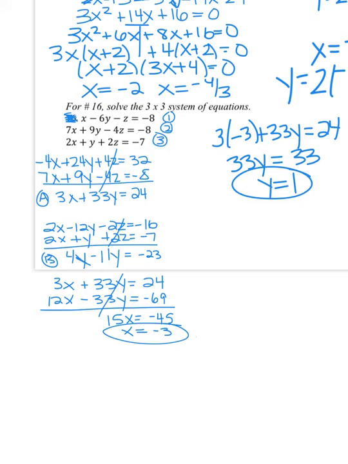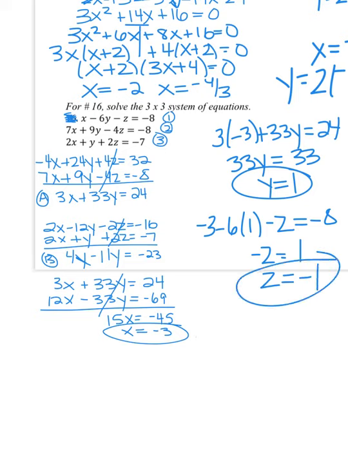And then finally I'll plug it into equation 1. We have x minus 6 times y minus z equals -8. This would be -z equals -8 plus 3 plus 6, which is 1, so z is equal to -1. And then I write it as -3, comma 1, comma -1.